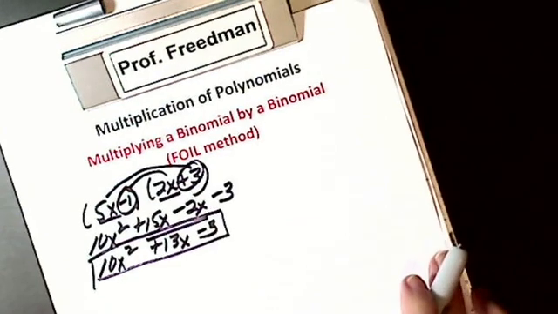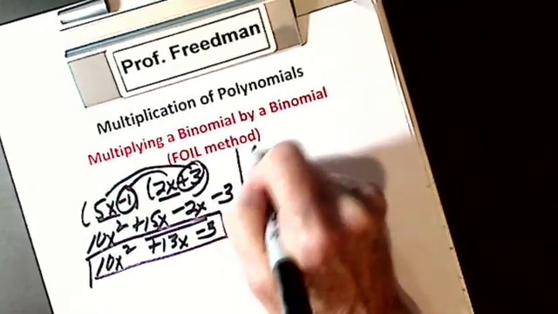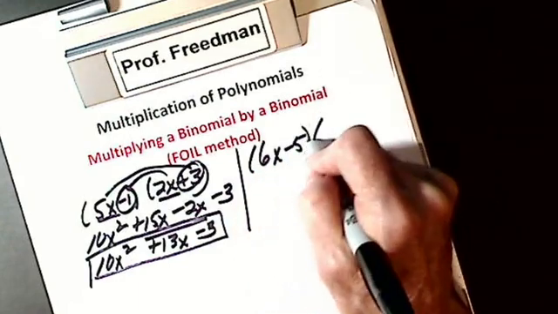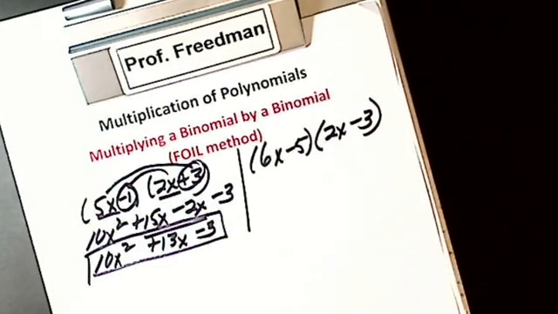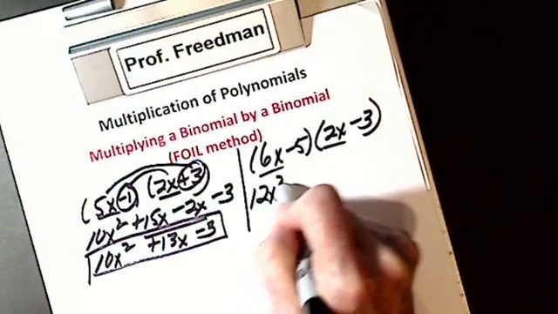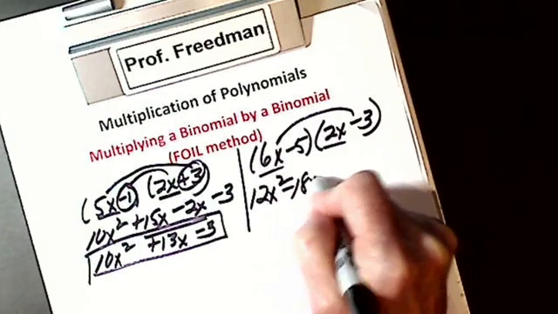So it's the same process, just a little different. All right, we'll do another one. 6x minus 5 times 2x minus 3. I multiply my firsts. I get 12x squared. I multiply my outers, minus 18x.